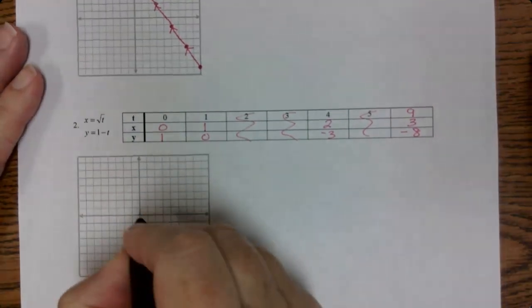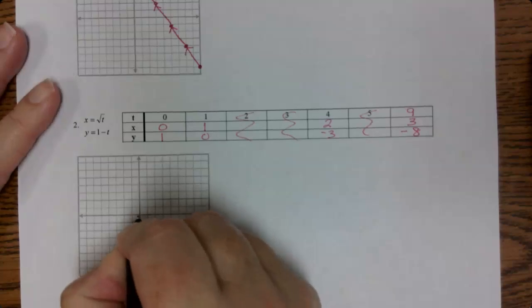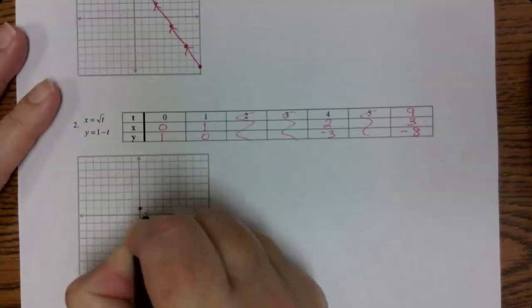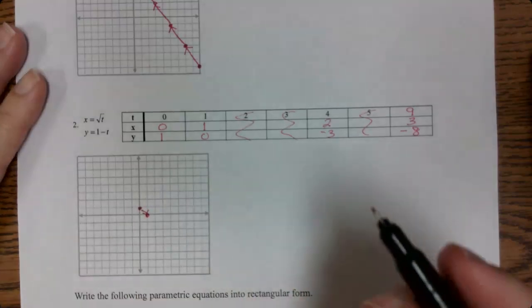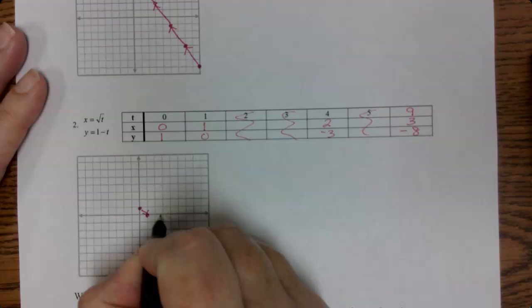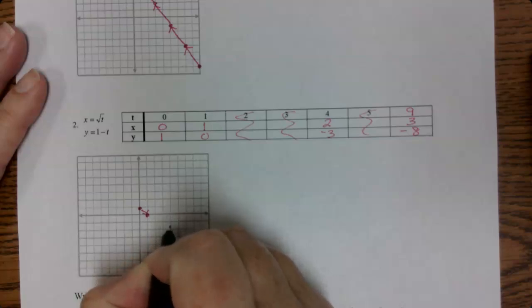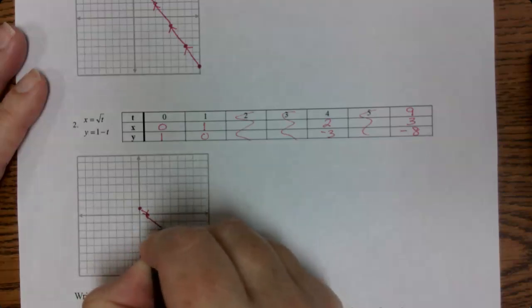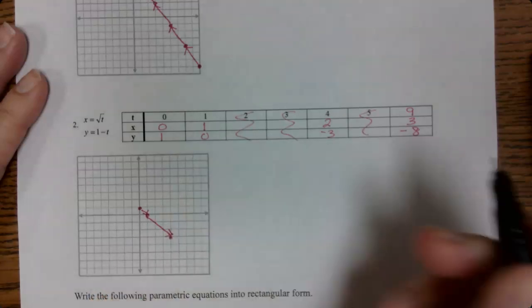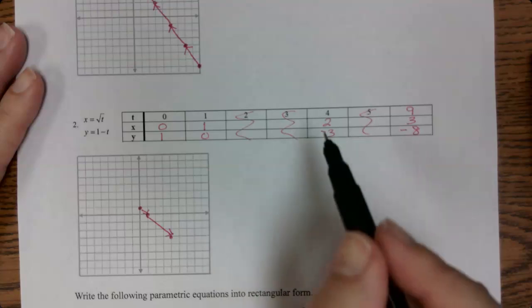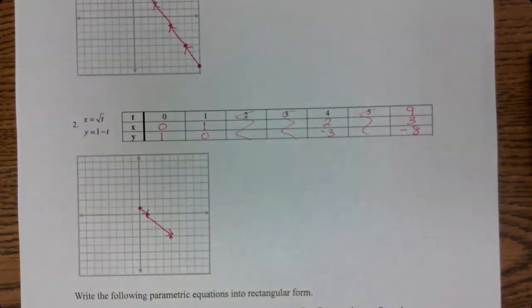Okay, so now we're going to go graph it. So again, arrows. Oh shoot, I accidentally looked here, and I've done that a lot, and I'm sure you have too.